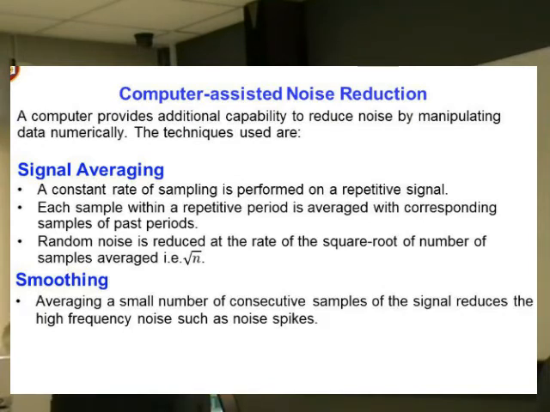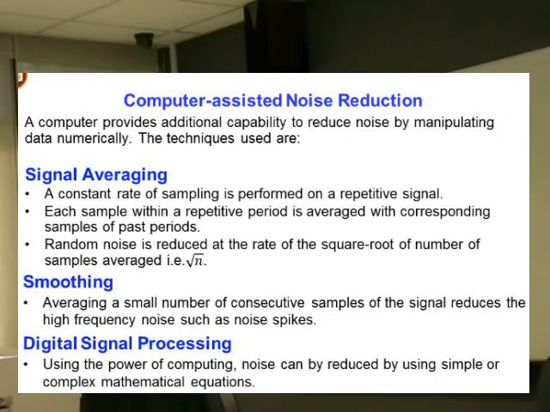Smoothing. You can also do a technique called smoothing, which we will talk about in a short while. And you can use digital signal processing, where you use the power of computing to remove noise using some mathematical equation, which can either be simple or complex.